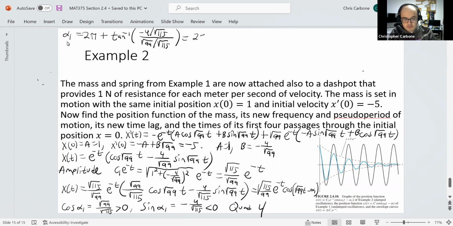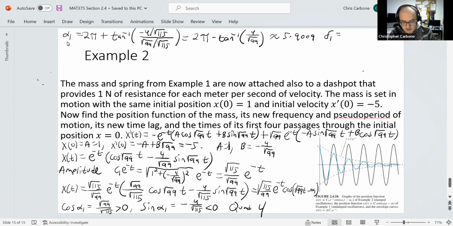So 2 pi minus the inverse tangent of 4 over the square root of 99. So about 5.9009.